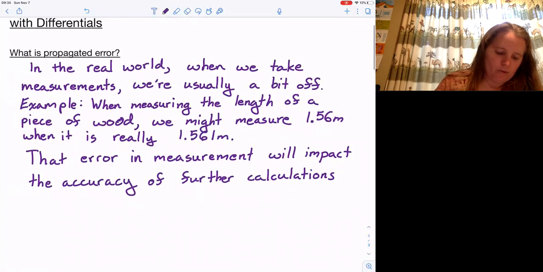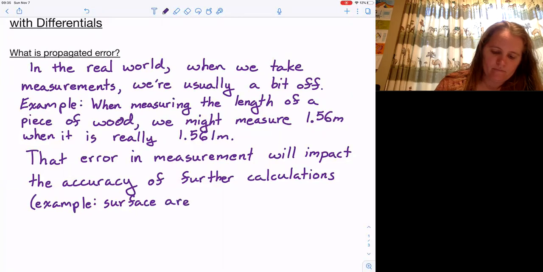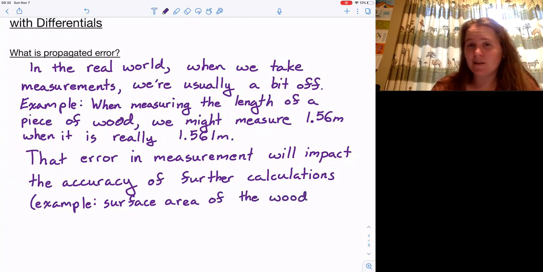So, for example, the surface area of the wood, how much paint is needed, right?